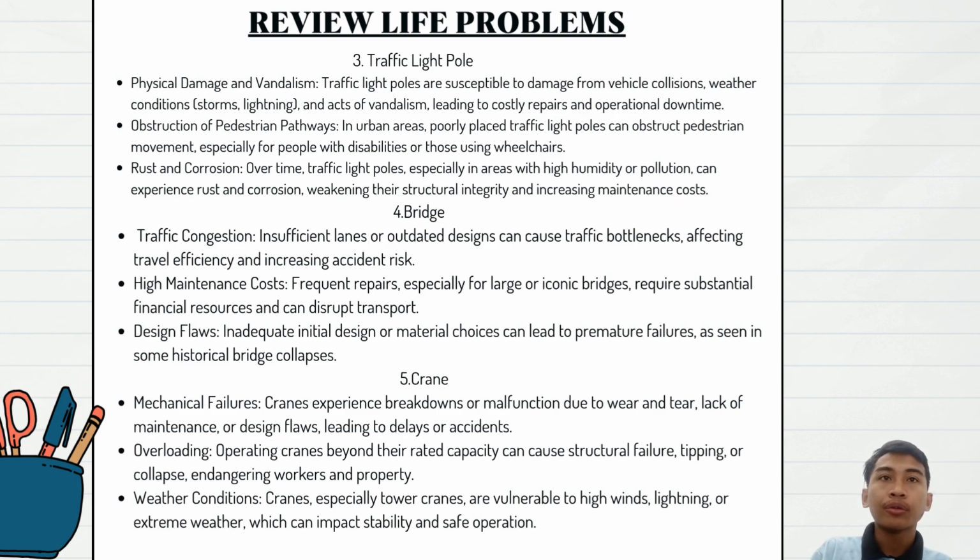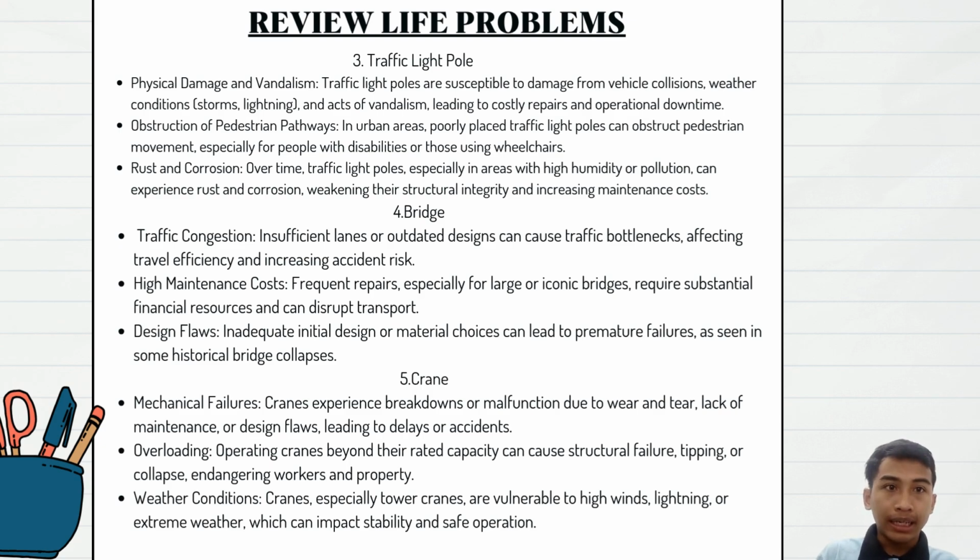Okay, I will continue with 3 more real life problems. Okay, number 3, traffic light pole. Okay, first, physical damage and vandalism: traffic light poles are susceptible to damage from vehicle collisions, weather conditions, storms, lightning, and acts of vandalism, leading to costly repairs and operational downtime.